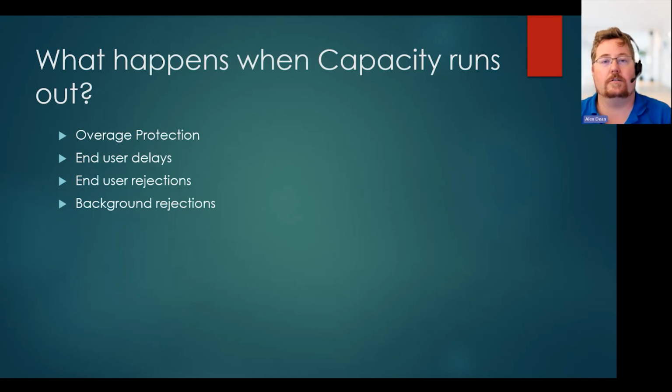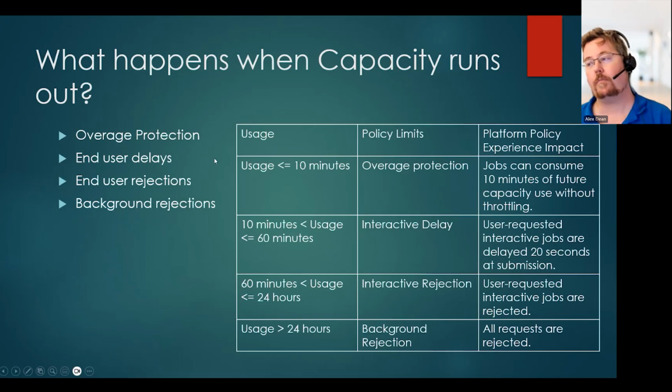Then it's going to start delaying. So if an end user now wants to run a direct query report, it might suddenly take 20 seconds to load the report. And if you've used too much, it might even reject those. And then right at the end, if you've really gone over, background rejections, that means you can't even refresh the data set anymore. You can't even run a pipeline anymore because you've gone over your quota.